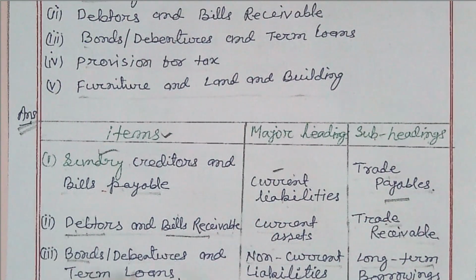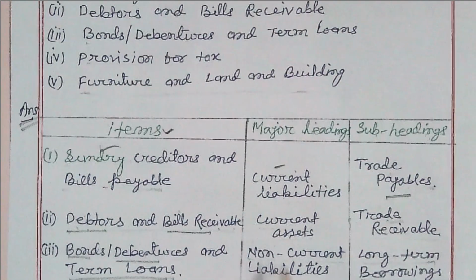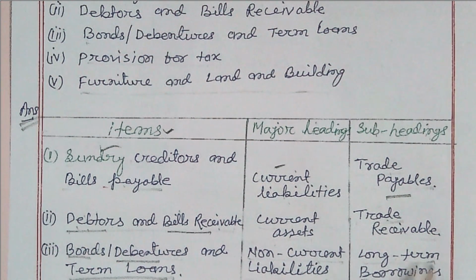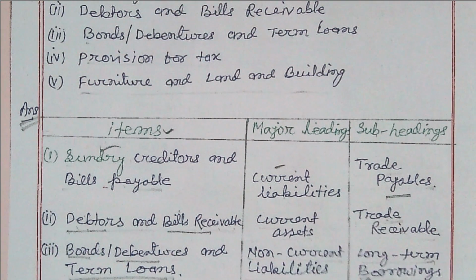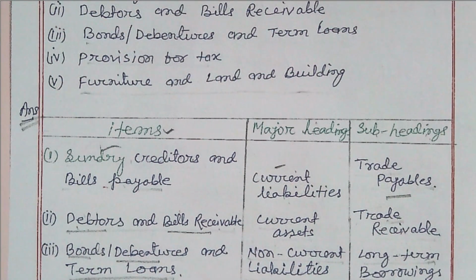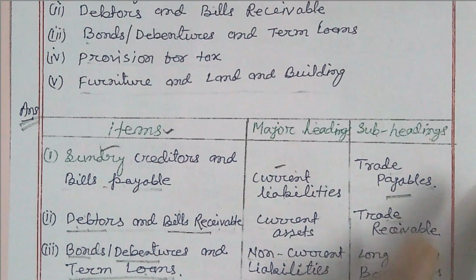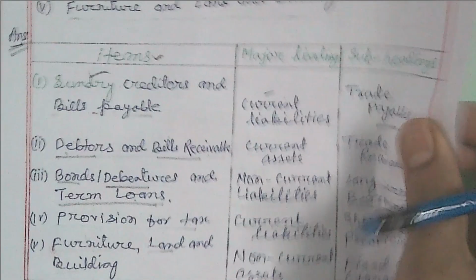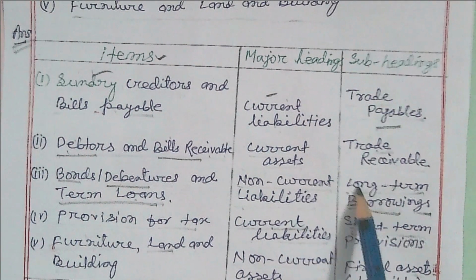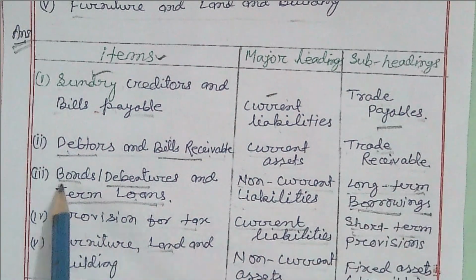And bonds or debentures and a term loan come under non-current liabilities, and it is long-term borrowings. But on the face of the balance sheet, it is only the subhead long-term borrowings. So where do we write this item?